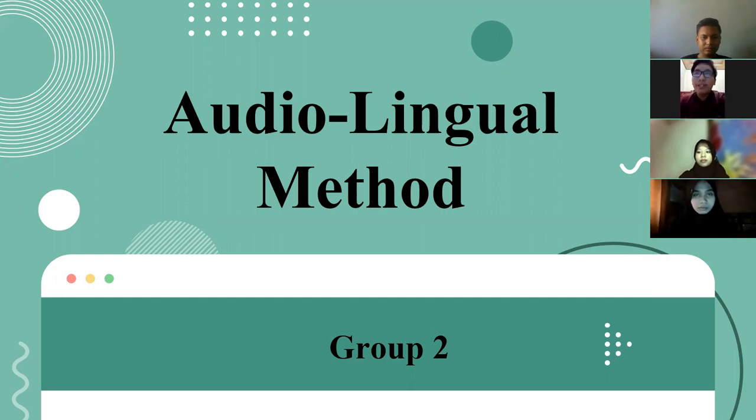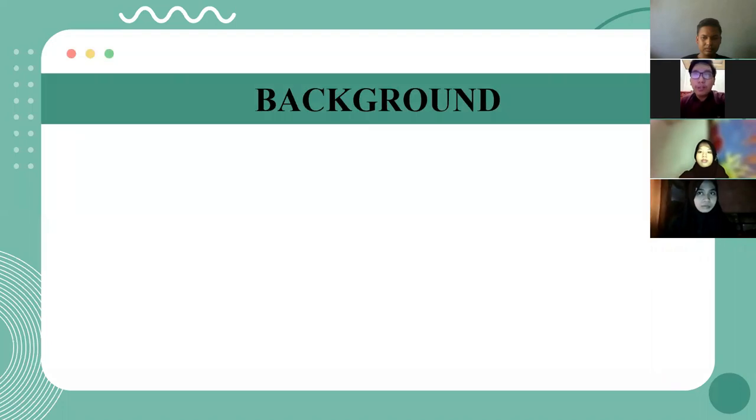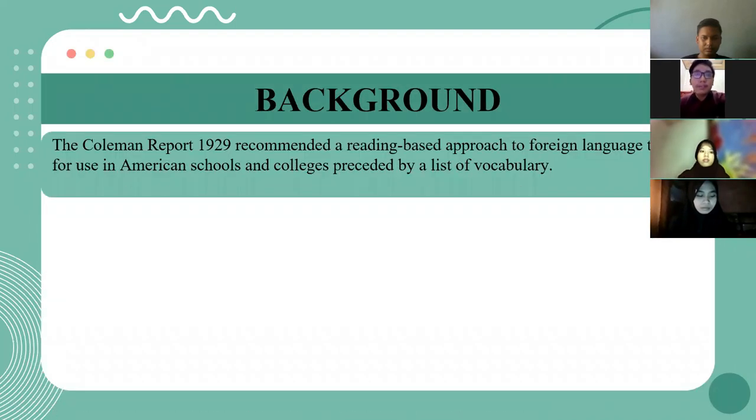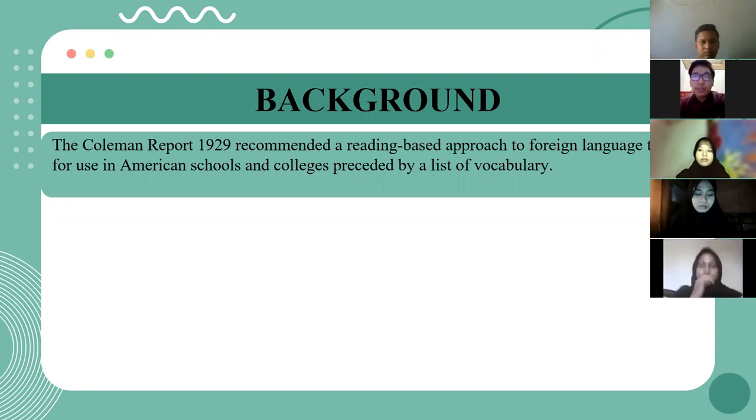Before we go into the learning process, we would like to explain the background of the audiolingual method. The first one is, in 1929, Coleman recommended a reading-based approach to foreign language teaching to use in American schools and colleges, preceded by a list of vocabulary.